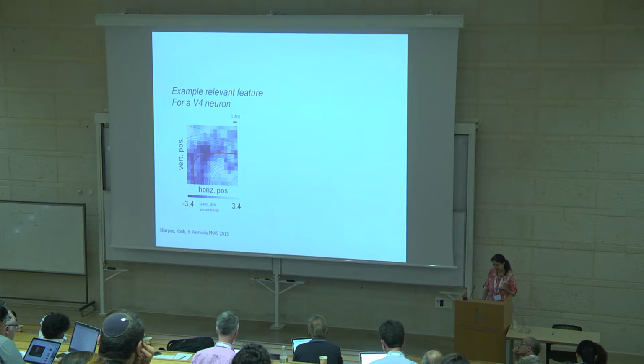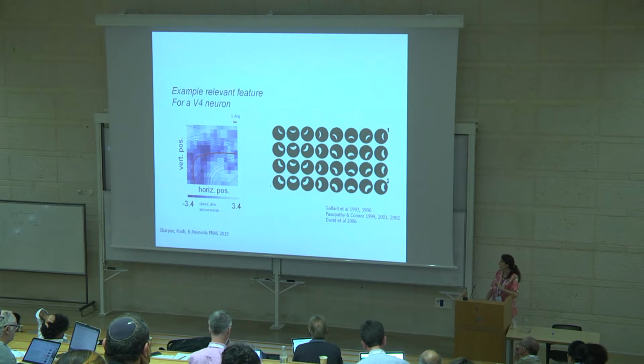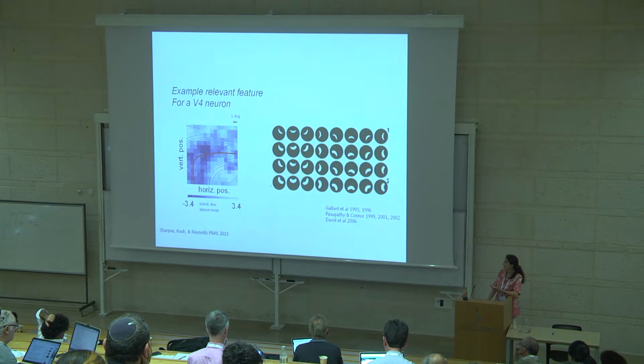Even though none of these stimuli were presented in the experiment, when we find evidence of curvature selectivity, it certainly echoes prior work in this area by a number of groups, where people have supposed that perhaps these neurons would be selective for curvature.